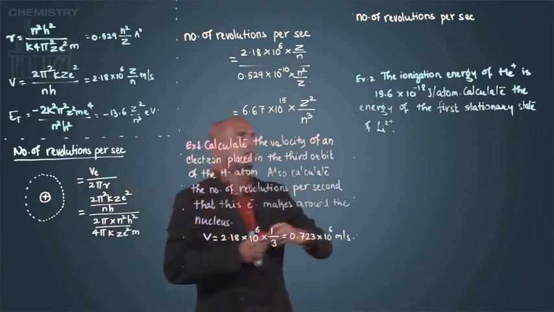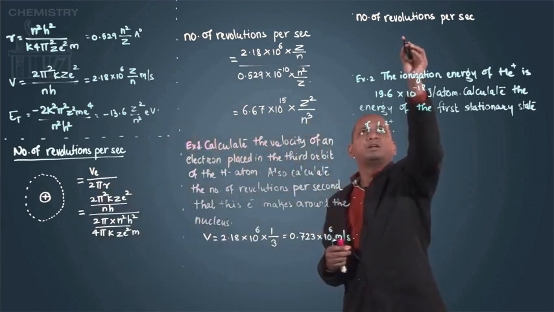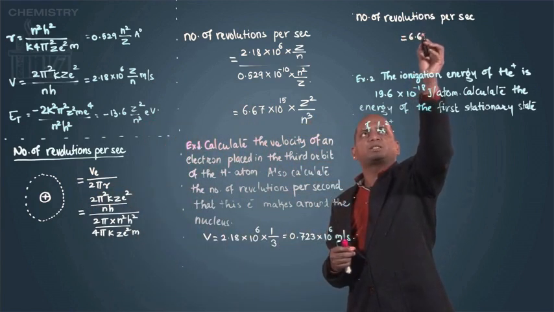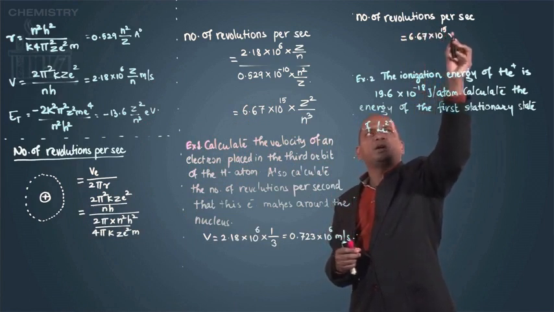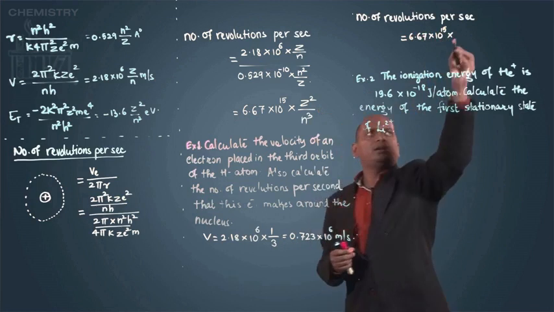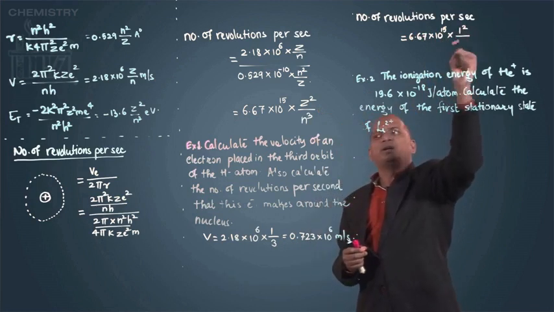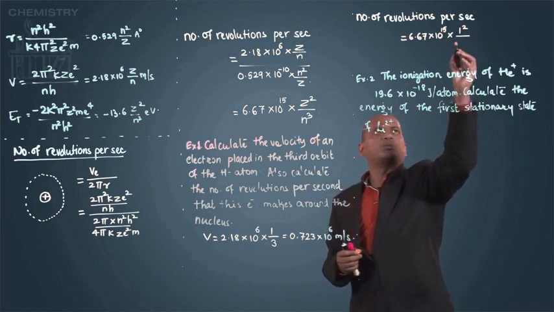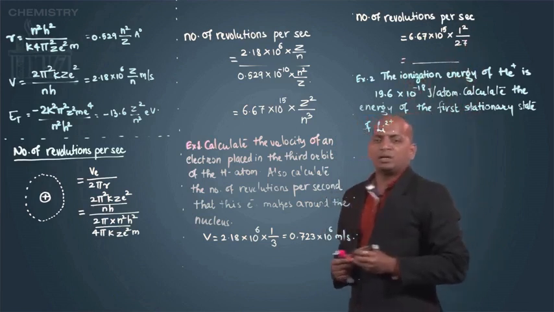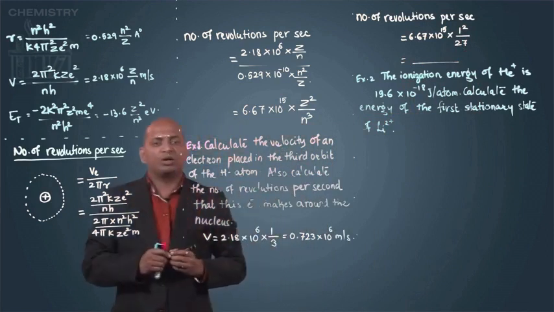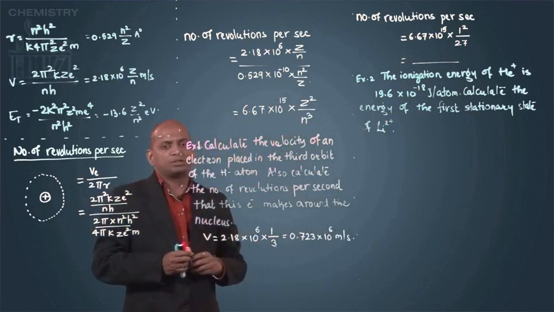So directly now we can put in the relation: 6.67 into 10 raised to 15 multiplied by Z, 1, so it becomes 1 square, divided by n cube, so 3 cube, 27. Solve this, and you will get the value for the number of revolutions per second.